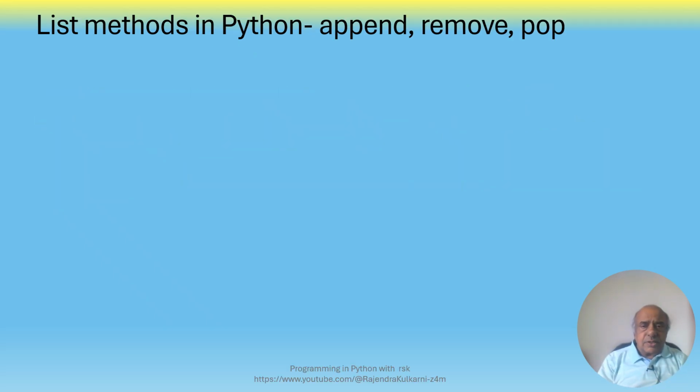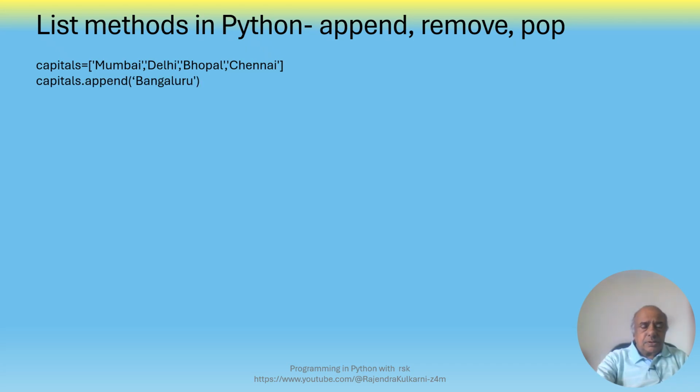There are three methods we are going to discuss in this slide: append, remove and pop. So we have declared a list capitals with data Mumbai, Delhi, Bhopal, Chennai. Then we use the method append for including one more city, Bengaluru, in the given list: capitals dot append, and in the parenthesis Bengaluru.